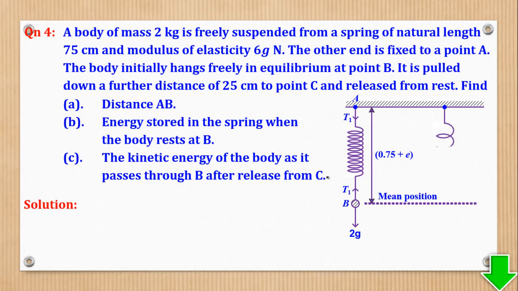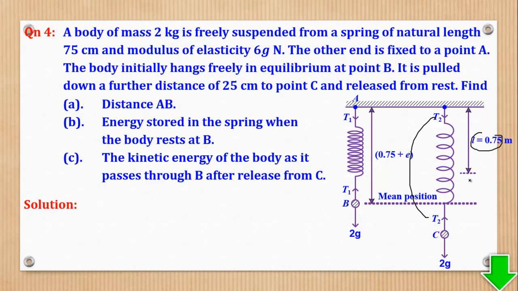Then it was stretched a further distance to point C. So we still have tension in the string, but it has changed because of the extension. Then you have the original length, the equilibrium extension, and the extra distance moved downwards.